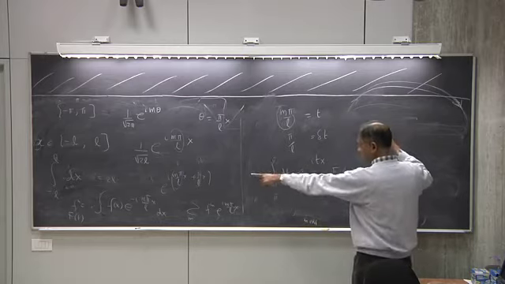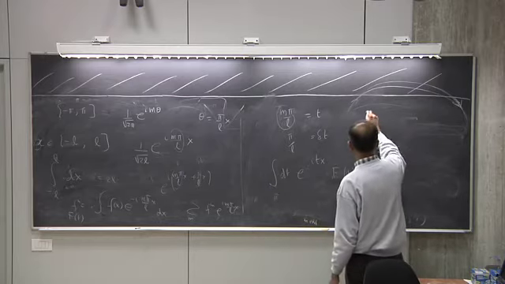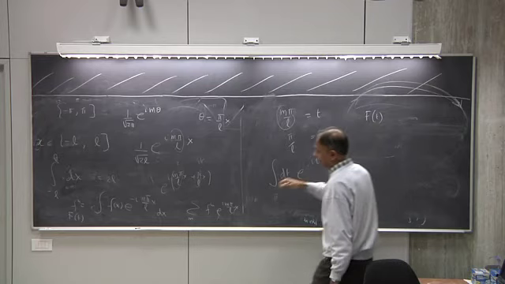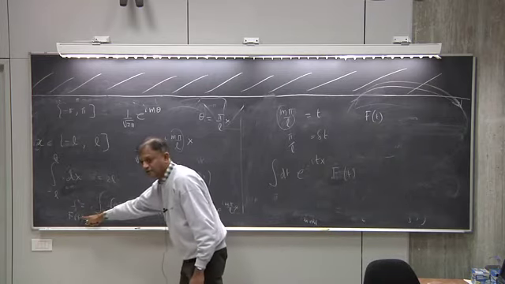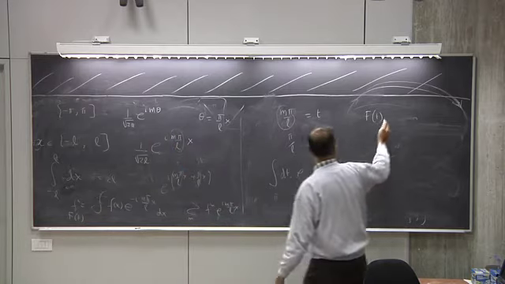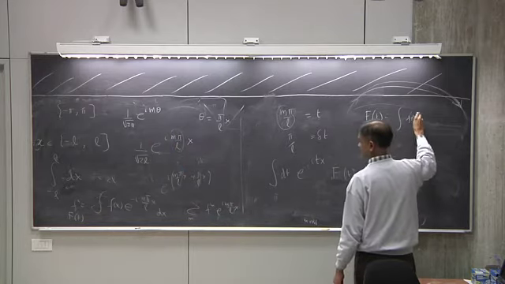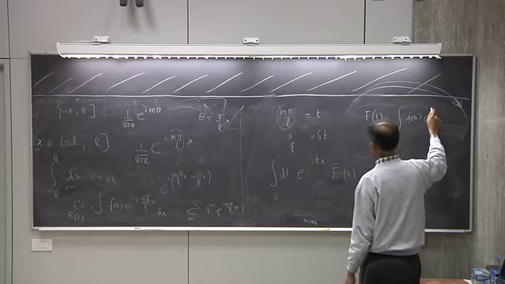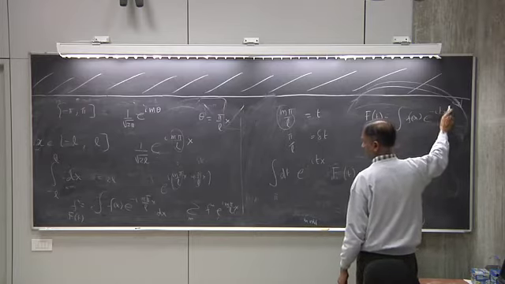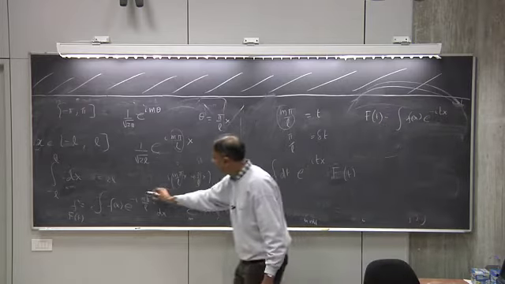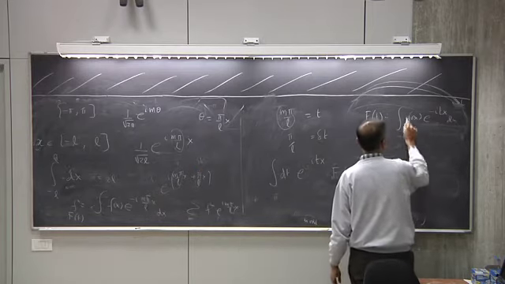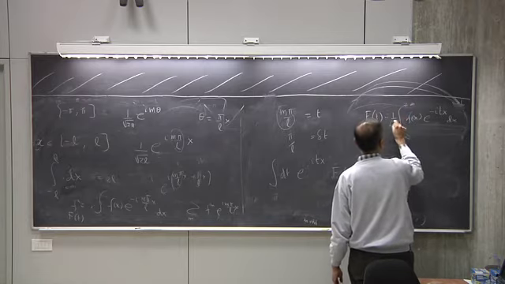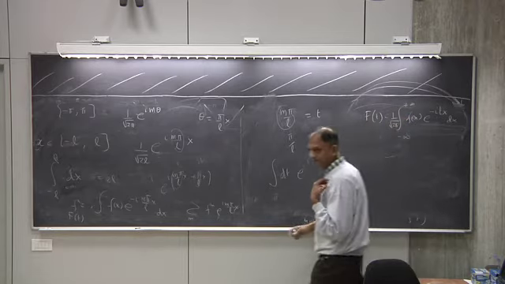So the natural thing that we are finding is that F of t, this is the analog of f_m, because m is basically playing the role of t. F of t is simply the integral of f of x e to the power of minus i t x dx, because m pi by L is t, over the interval minus infinity to plus infinity, and we'll again choose a normalization 1 over root 2 pi.